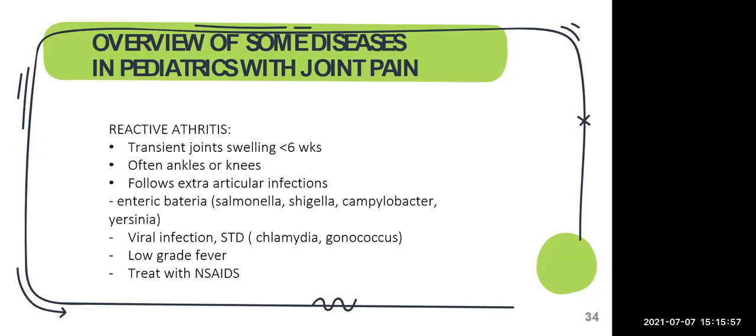In reactive arthritis, there is a transient joint swelling of less than 6 weeks, and it usually involves the ankles or knees, and it usually follows extra-articular infections such as enteric bacteria, including Salmonella, Shigella, Campylobacter, Yersinia. It is less commonly due to STDs, such as Chlamydia or Gonococcus. The patient will present with low-grade fever, and is usually treated with NSAID for the joint pain. Okay, so next.